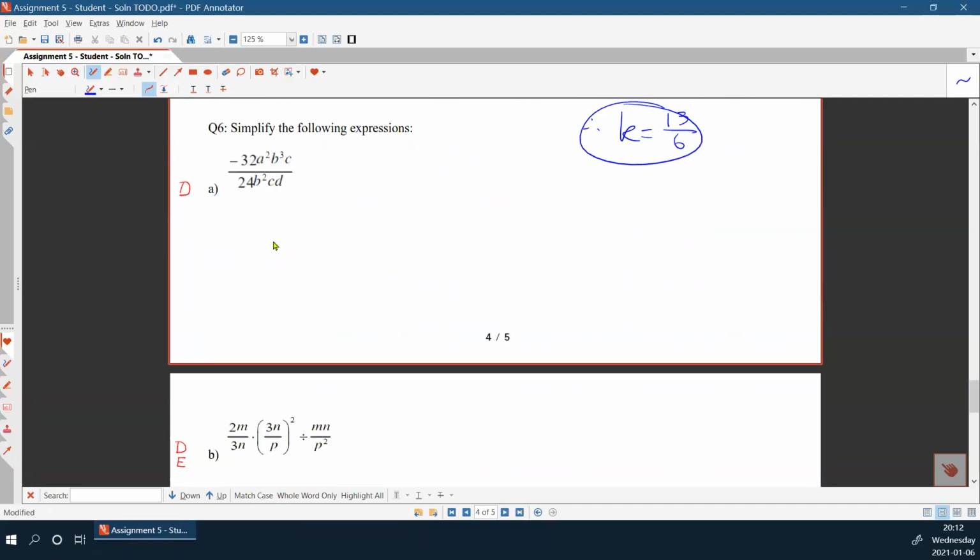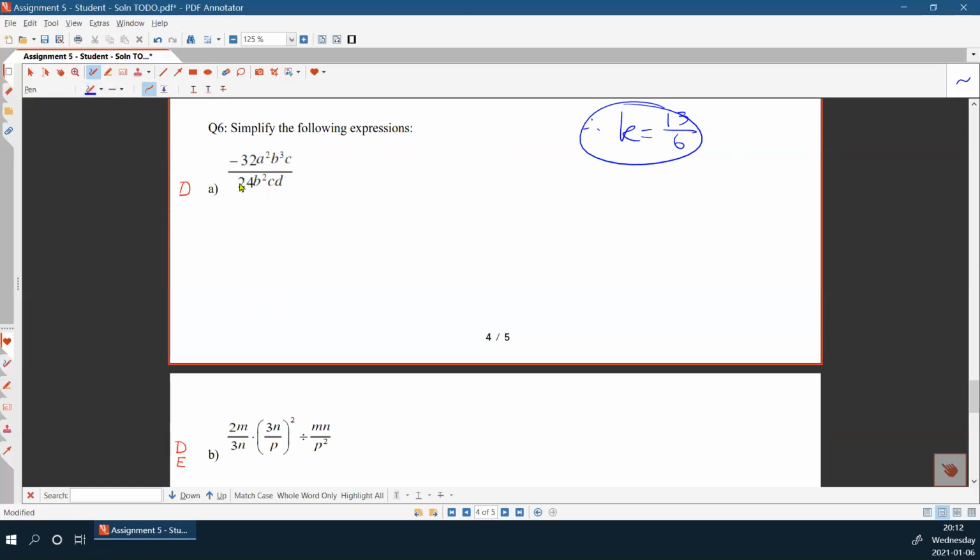So be careful with these questions. Please put these questions in your error book and analyze why you committed the mistakes there. Okay, let's see them one by one. Okay, the first one is the simplest one. All you need to do is cancel the same terms.